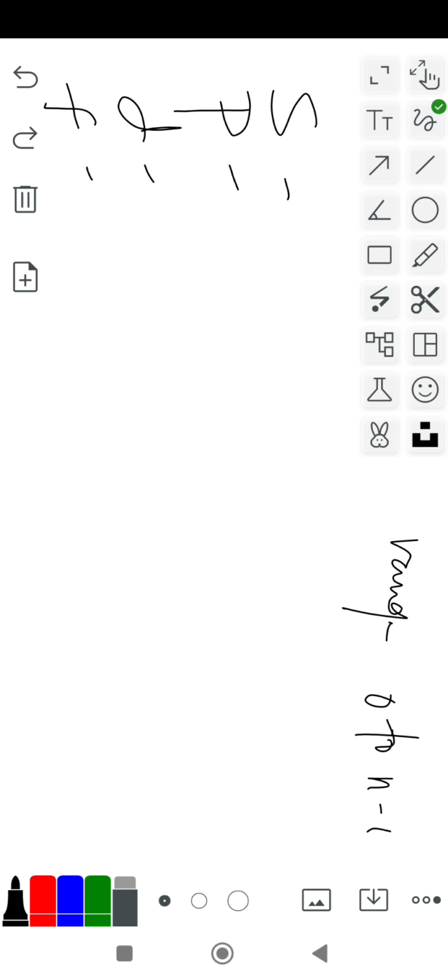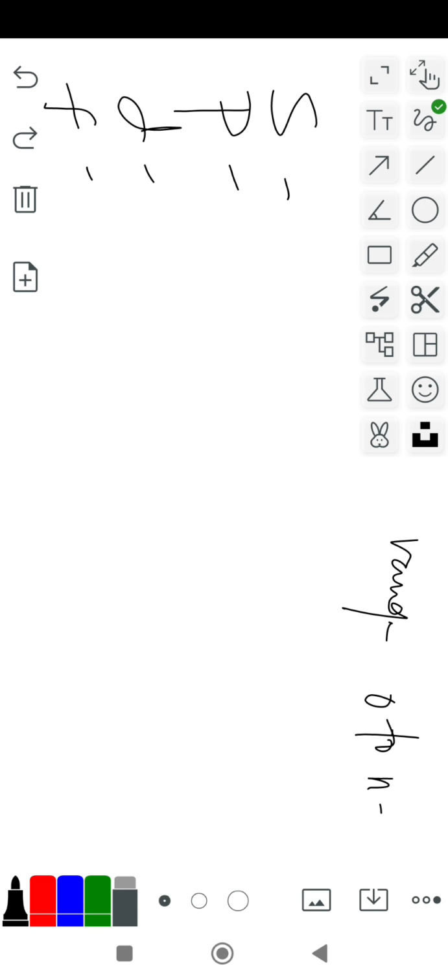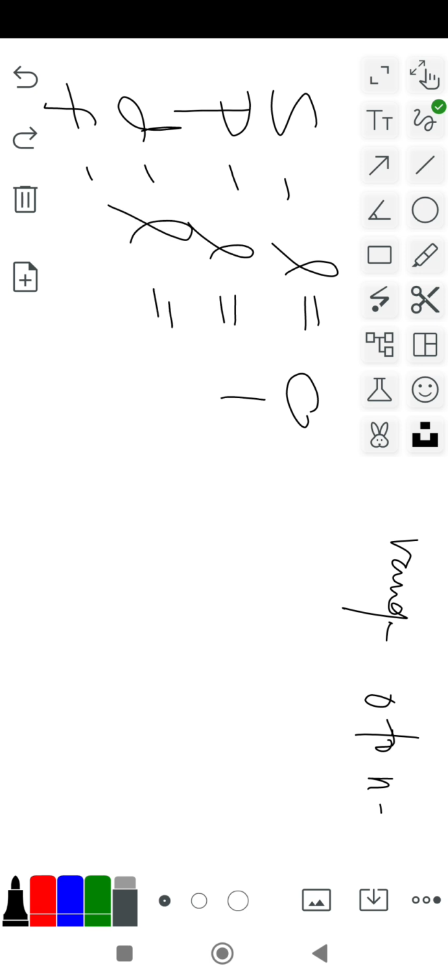So for the S orbital, L is equivalent to 0. P orbital, L is equivalent to 1. D orbital, L is equivalent to 2. And the F orbital, L is equivalent to 3.